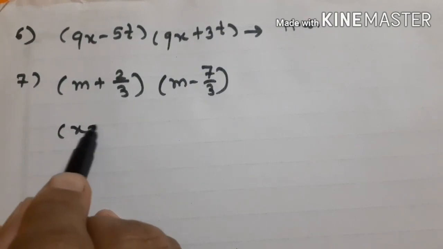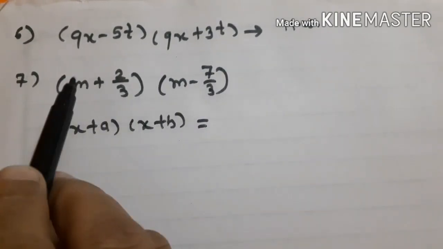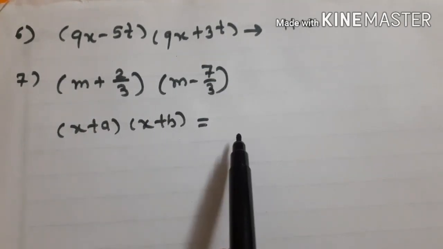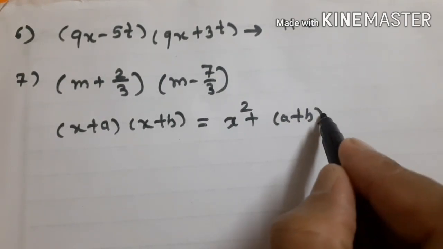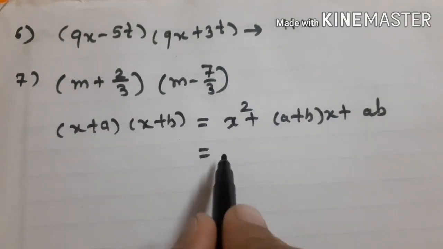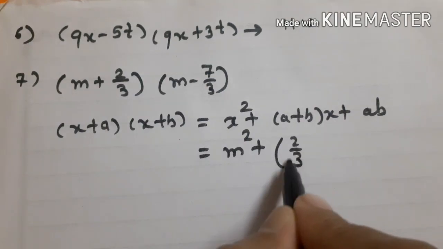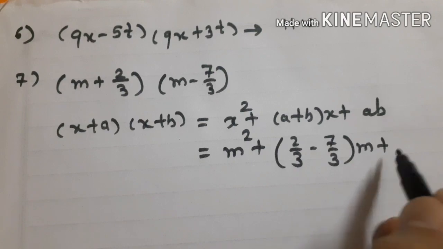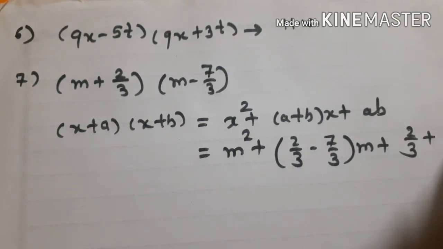Now x plus a, x plus b. Because our first term is the same and second terms are different, that's why we write the expansion x square plus a plus b into first term plus product of second term. Now what is the first term? m square plus second term 2 by 3 minus 7 by 3 into first term m, plus a is 2 by 3 plus second term is minus 7 by 3.